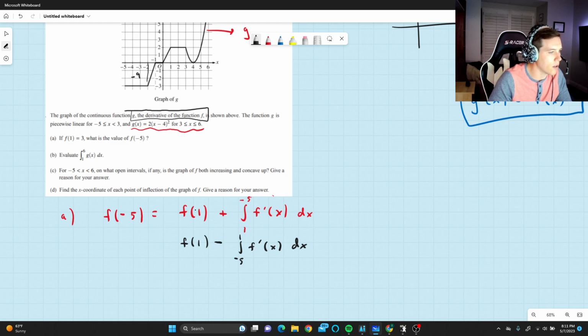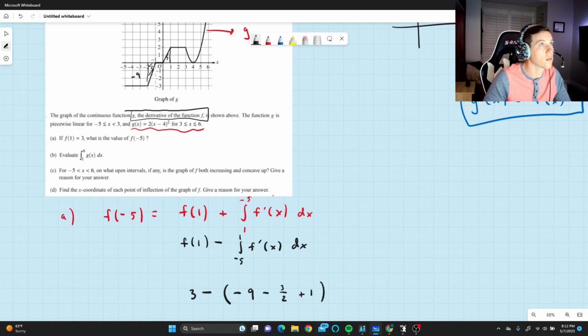So first of all, f of 1 is 3, minus, from negative 5 to 1, we have this negative 9. We have this triangle, which is 1 times 3, but divided by 2, so negative 3 halves. We have this, which is just 0, and then we have this triangle right here, which looks like it's just 1, so plus 1.